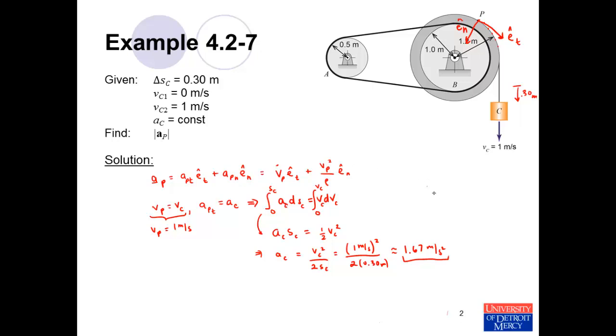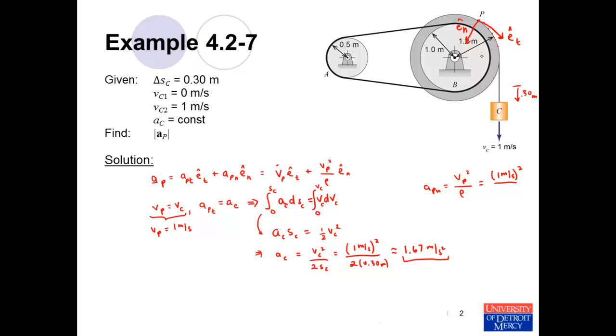The normal component we get by squaring the velocity and dividing by the radius of curvature. So at this instant, we know that point P has a velocity of 1 meter per second. If we look at the radius of curvature, this point P on the outside of this drum is going in a circular path centered around the center of the drum.